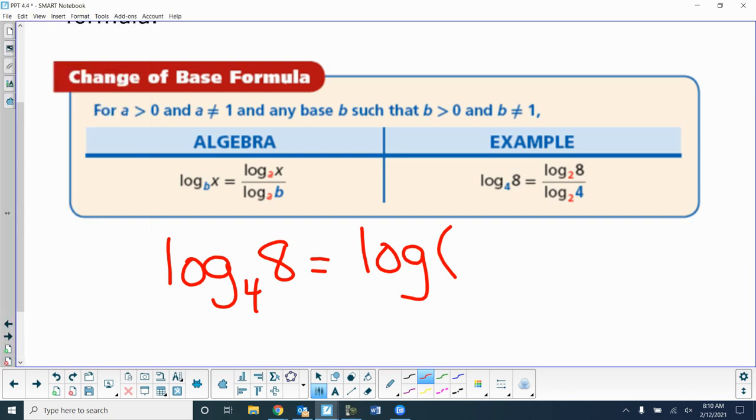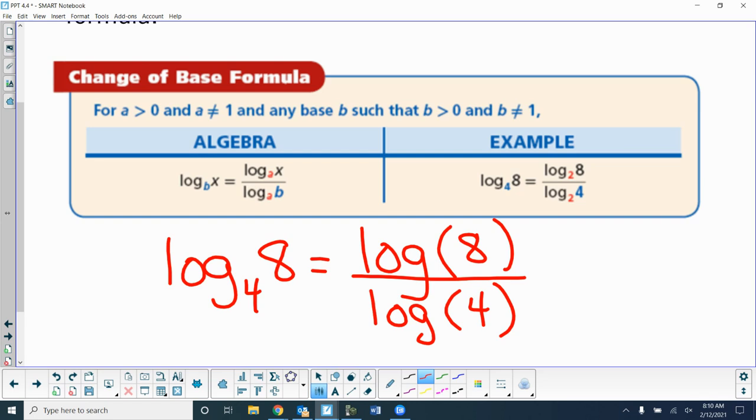The bigger number, the 8, stays on top, and the base number stays on the bottom, or you can think of the basement. The basement is usually under the main floor, right, Mason? So whatever this little subscript number is, it goes down here, and that'll give us the right answer.